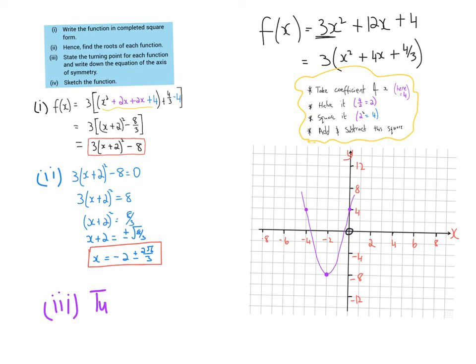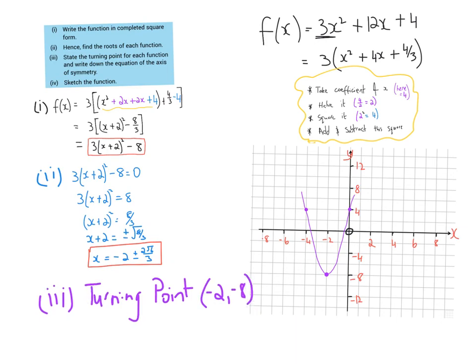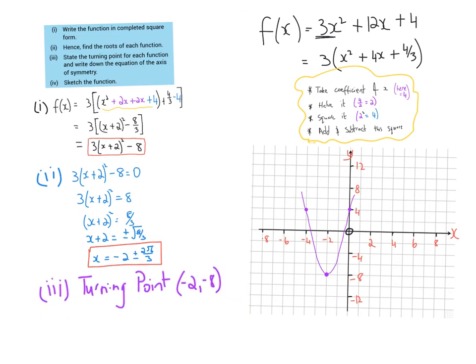Well, we can see it in our graph. Our turning point is that vertex we've noted, which is at -2, comma, -8. And our equation for our axis of symmetry is all along the line x equal to -2.